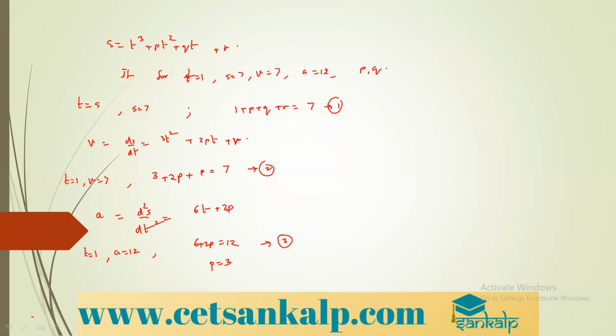If you put p equal to 3 here, 3 plus 6 plus q equal to 7.